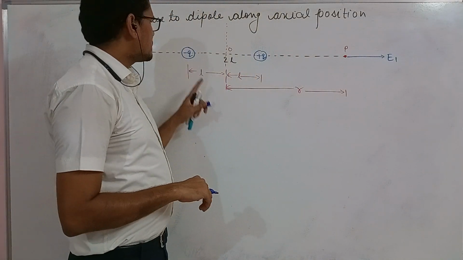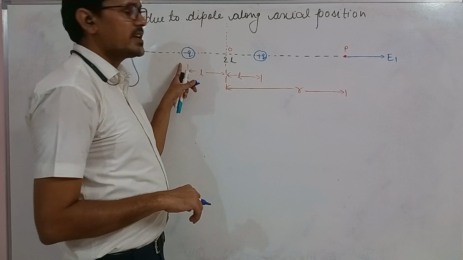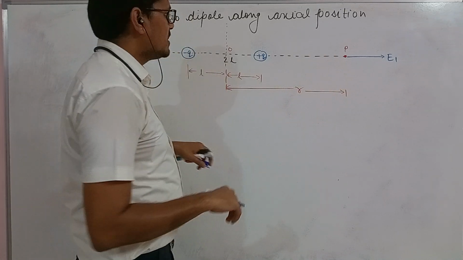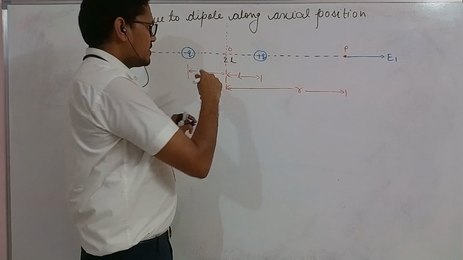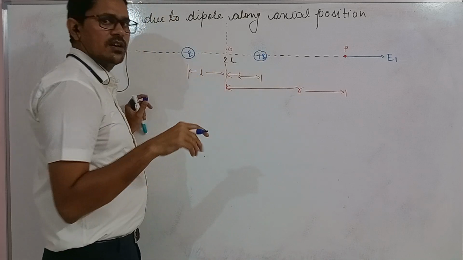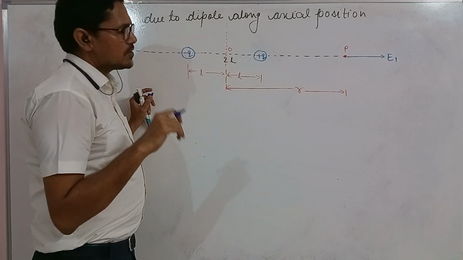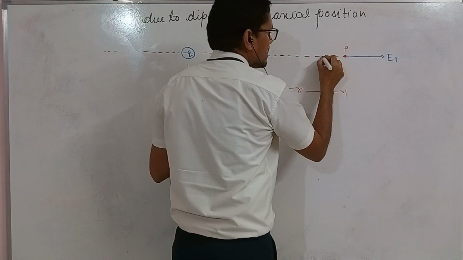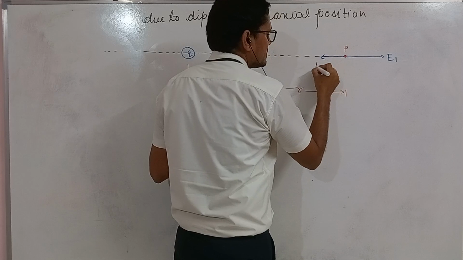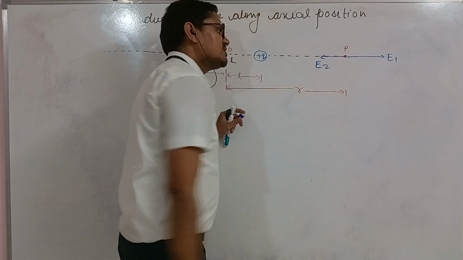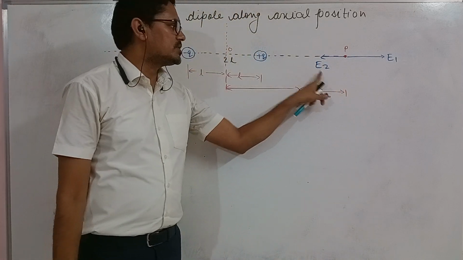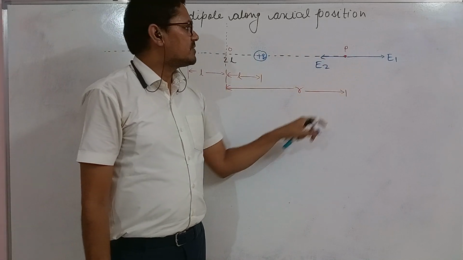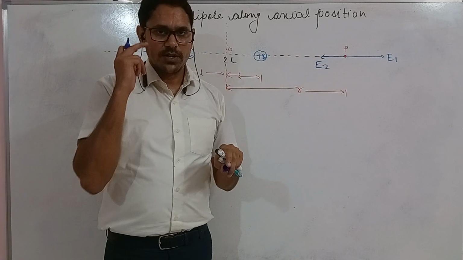The electric field produced by this minus Q charge particle at point P would be directed leftward, because due to a negative charge the electric field is towards the charge. Let's say this is E2. E2 is the electric field produced due to the negative charge particle, and E1 is the electric field produced due to the positive charge particle.